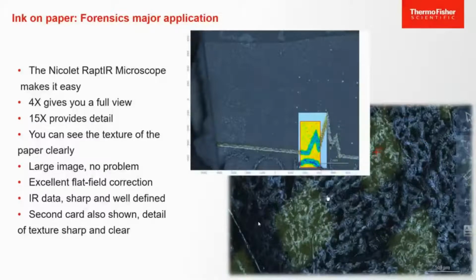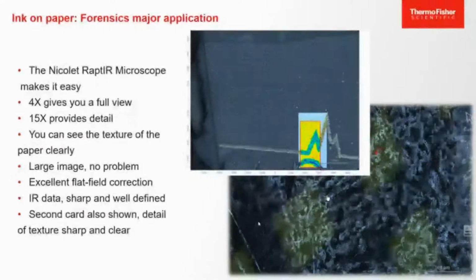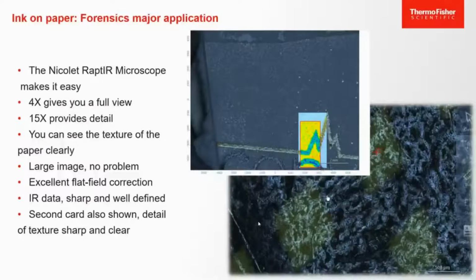Now you get an overview of the sample in the visible. If you look at that top image, you'll notice the very large image. That is an overall mosaic of the sample, and it's very difficult to see the lines between the various mosaics. We actually stitch those very nicely, so the sample comes out as one smooth image.